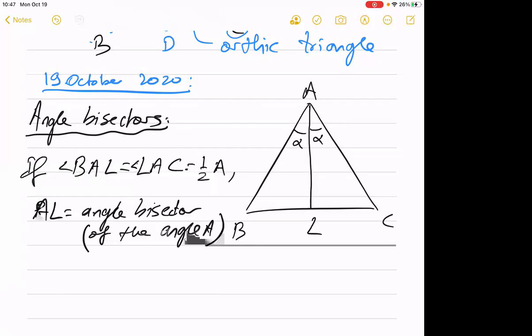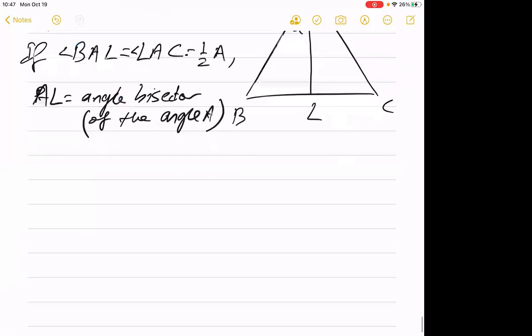And here's a theorem. Let's first state the theorem and then prove it.